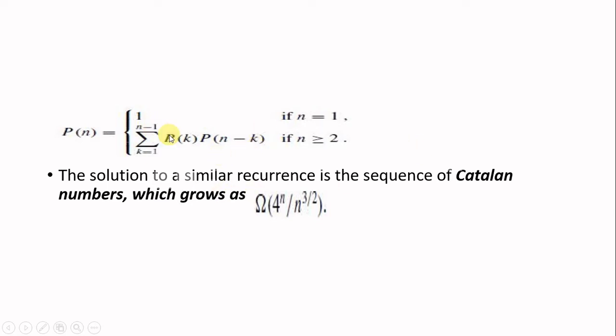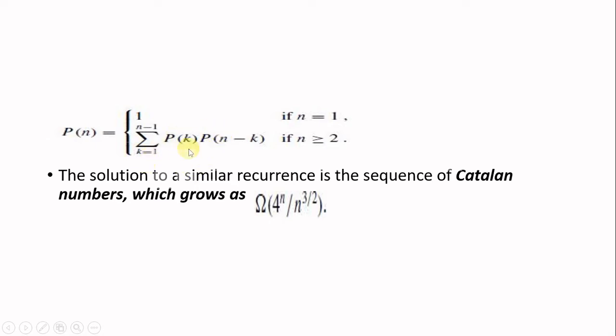Because P(k) gives the different parenthesizations for A1 to Ak, and P(n minus k) gives the different parenthesizations for the remaining matrices. Altogether, you try all values of k, k equal to 1 to n minus 1, and you split them, and that gives you P(n).